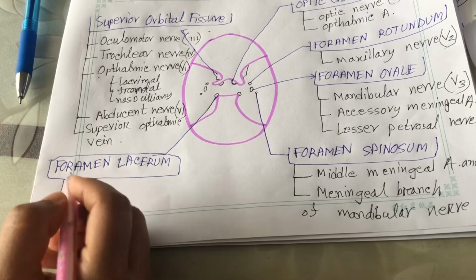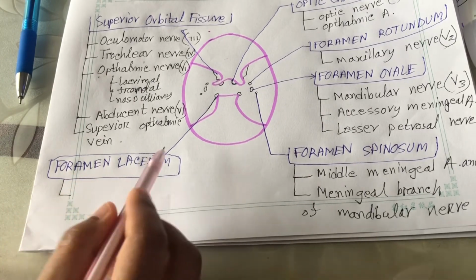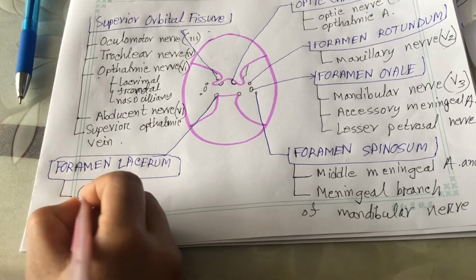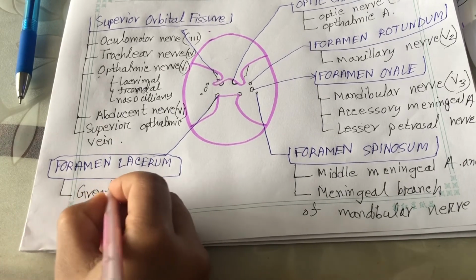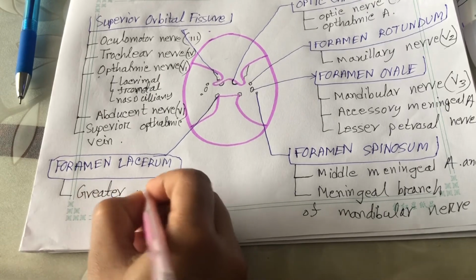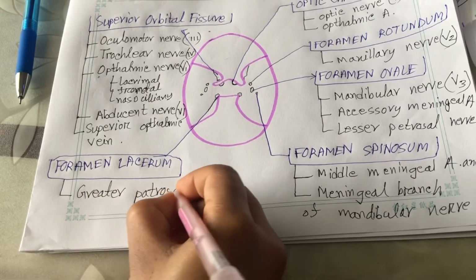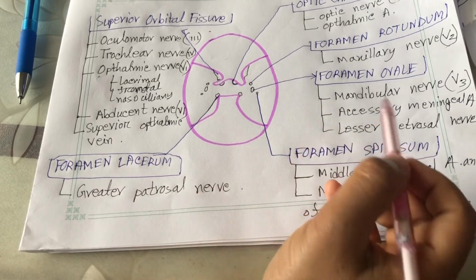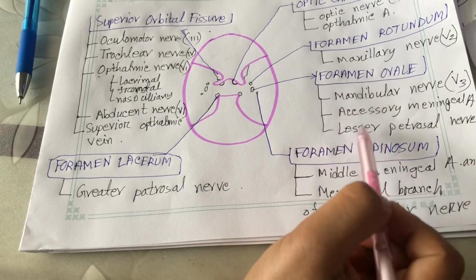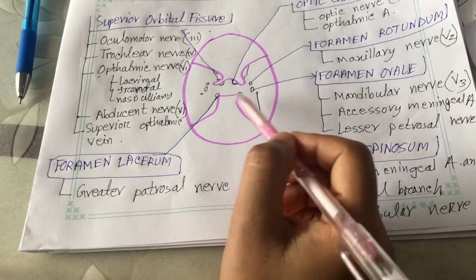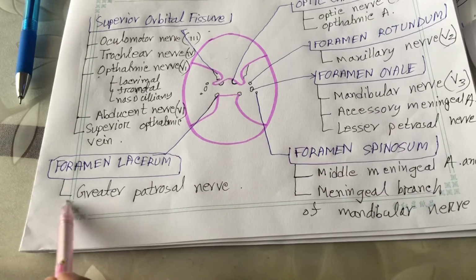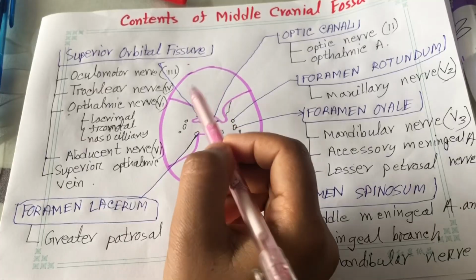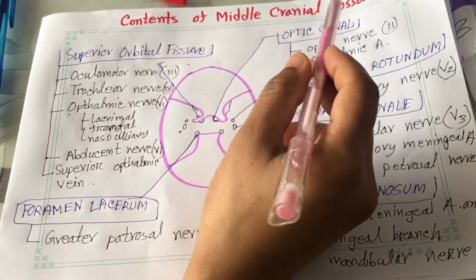Here greater petrosal nerve passes through the foramen lacerum. So lesser petrosal nerve passes through the foramen ovale and greater petrosal nerve passes through the foramen lacerum. So these all are the contents of middle cranial fossa.